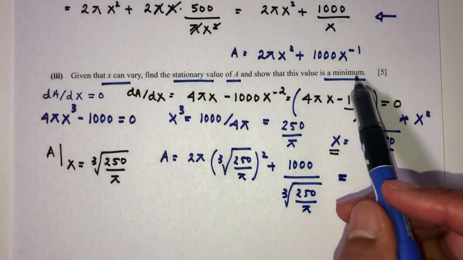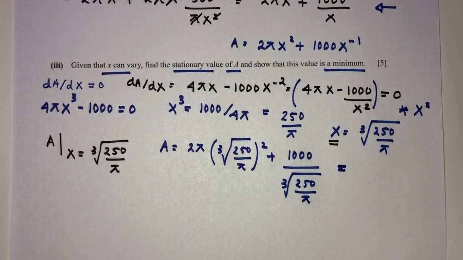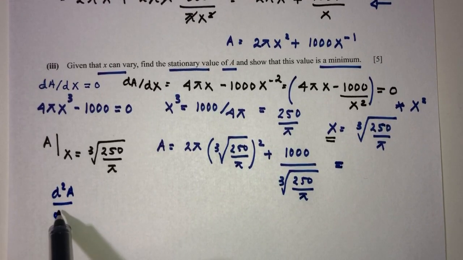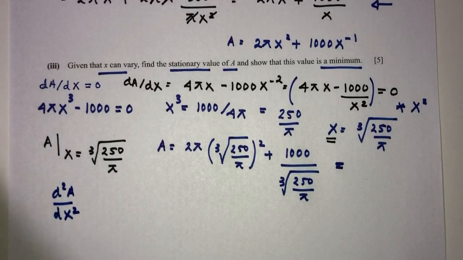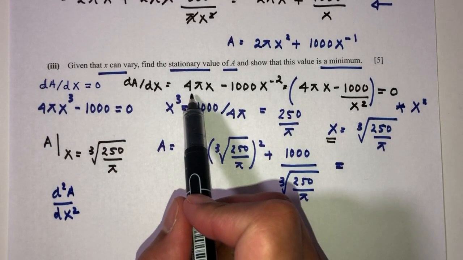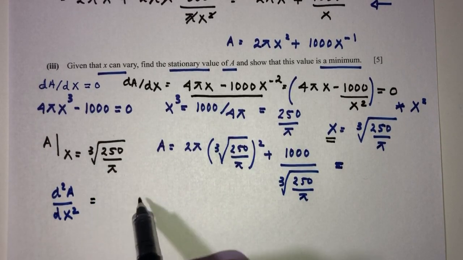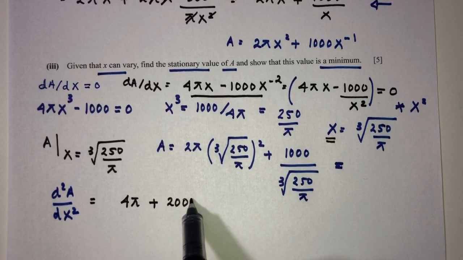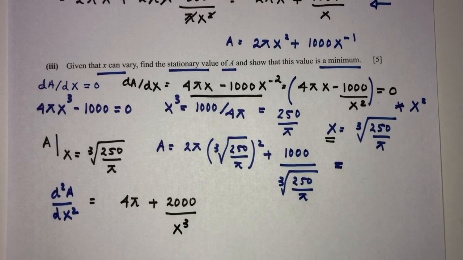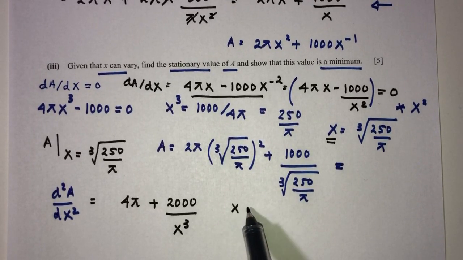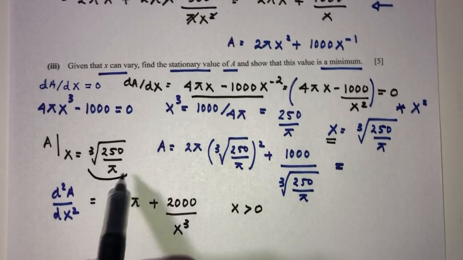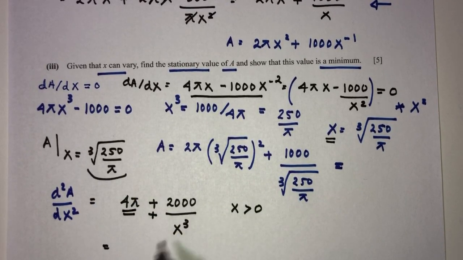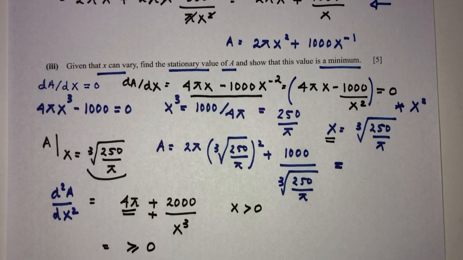Now you have to show this value is a minimum value. To show the nature of the value, we have to find d2A by dx2, the second derivative. That will give you 4 pi plus 2000 over x cubed. So given the value of x is positive, you can see that plus something positive will give you something positive as well.